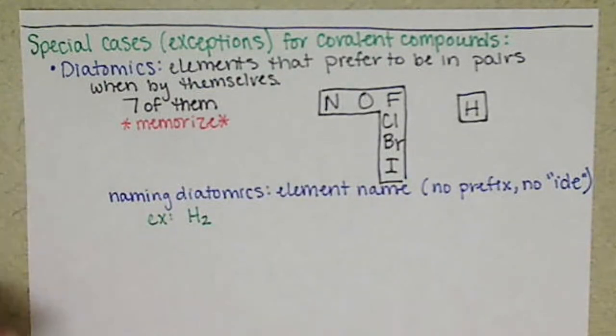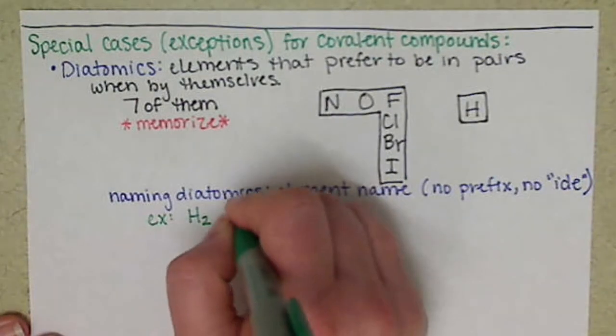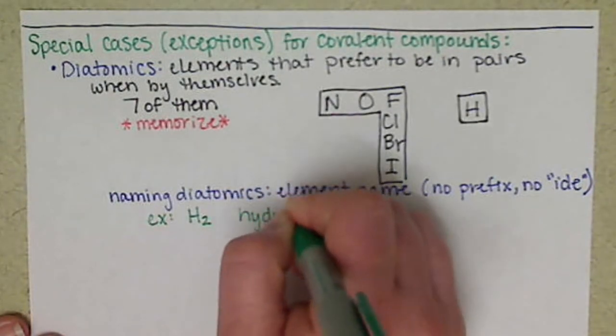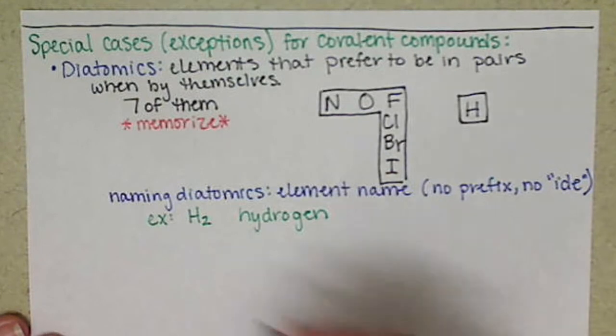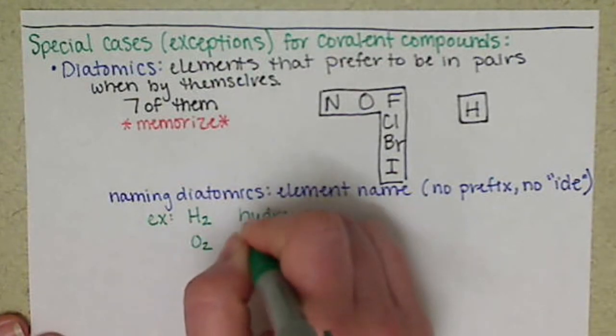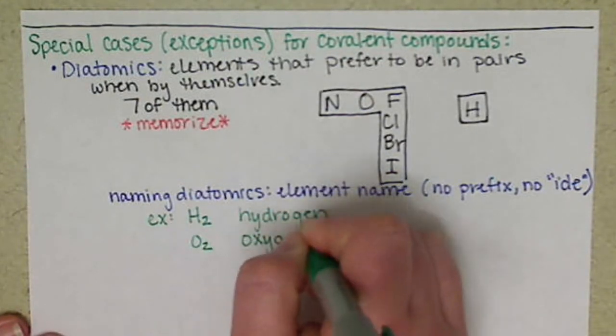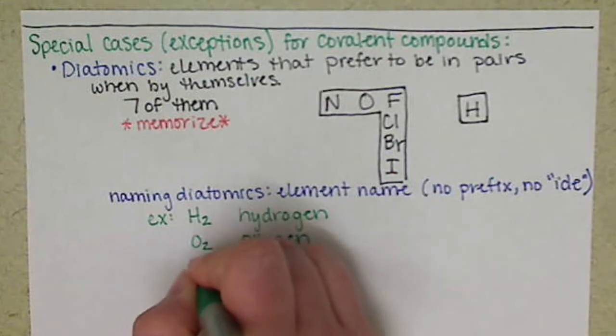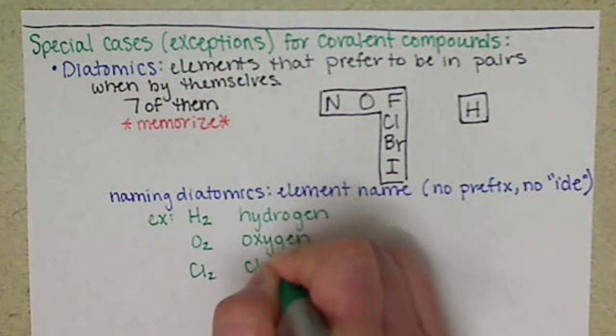So if we look at H2, we call this hydrogen. O2, this would be oxygen. Cl2, this would be chlorine.